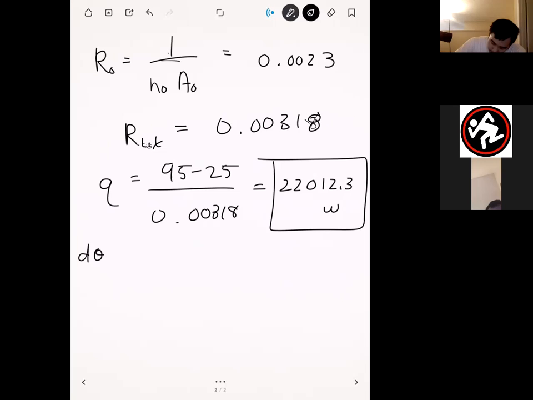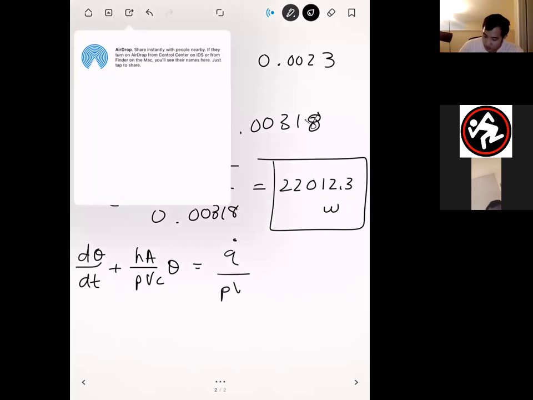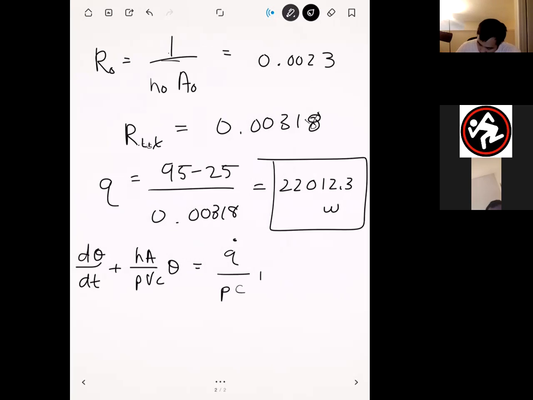So it's d theta/dt plus hA over rho V C times theta is equal to Q dot over rho C plus Qs double prime As over rho V C. Yep, so that's general lump capacitance right there. Okay. All right. Thank you, Professor.